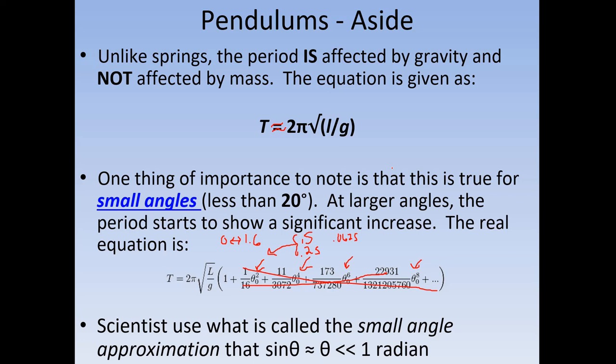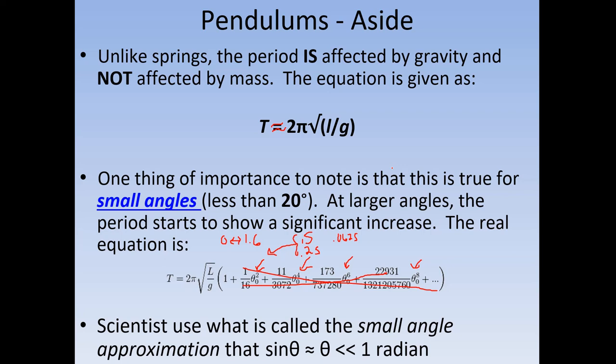then that's supposed to be an indication that the small angle approximation is broken, no longer applicable, and that the more standard equation we have for the period isn't good enough. The actual period is going to differ from what we expect, and the bigger that angle, the more these two numbers are going to deviate.